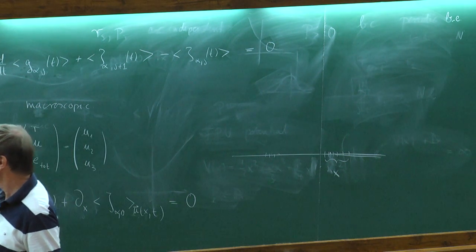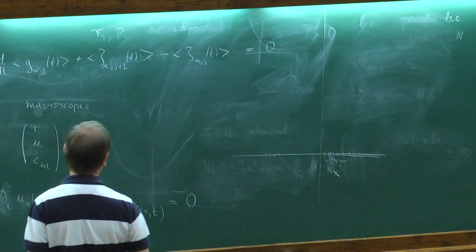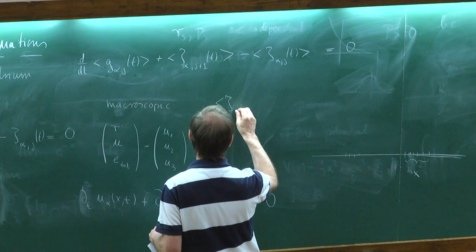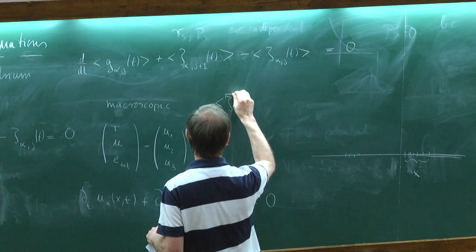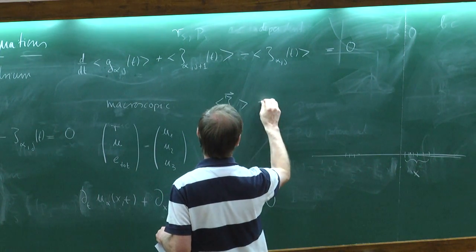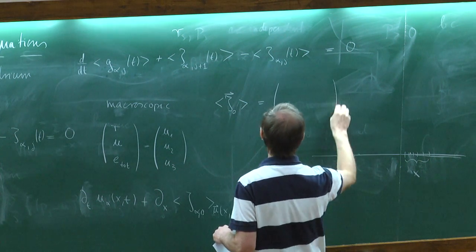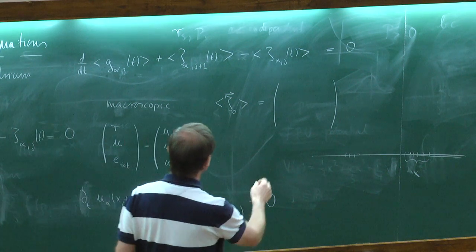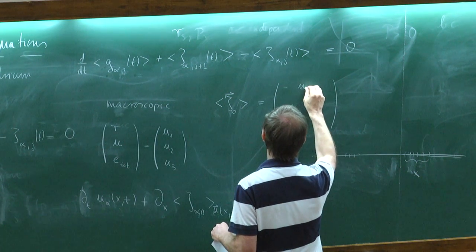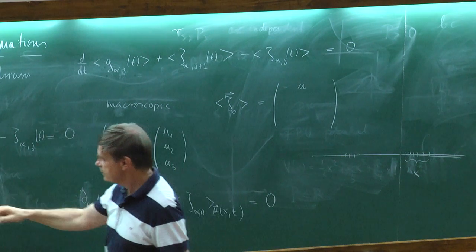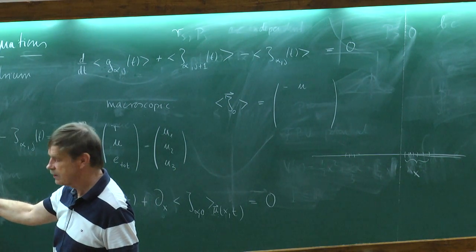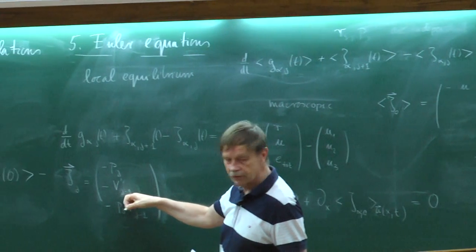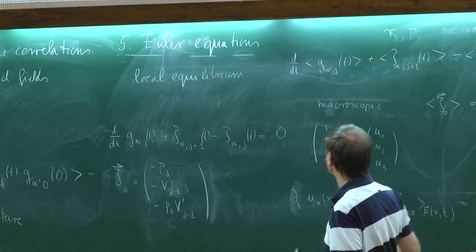I have to look at my list of currents, this equilibrium average now. This vector is given by the following vector. This is of course simply minus u. Now this we know is the pressure, it's the average of the force.